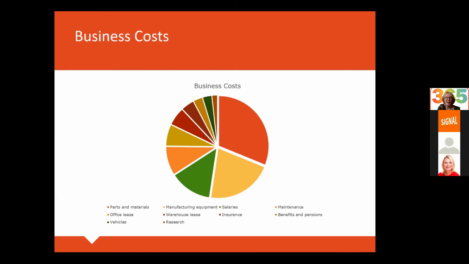And if you do need to talk to anyone else about your costs, it may be that you don't want to look at actual figures with people, but just what percentage that you spend on things. So you can do a nice pie chart because you're not talking actual figures here.